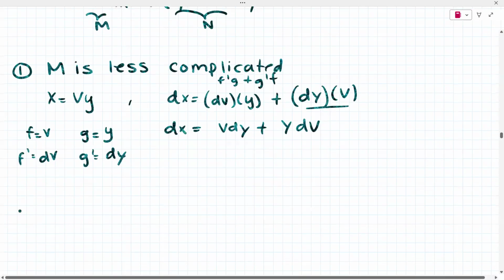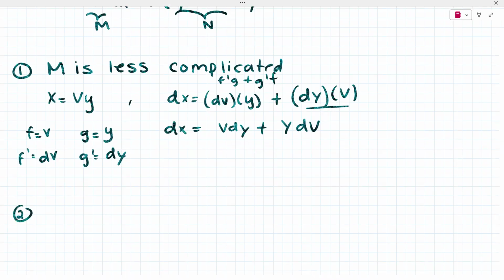Then step 2 is substitute and simplify, creating a separable differential equation.